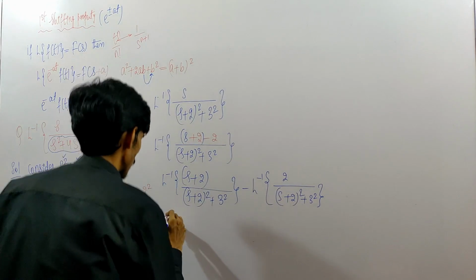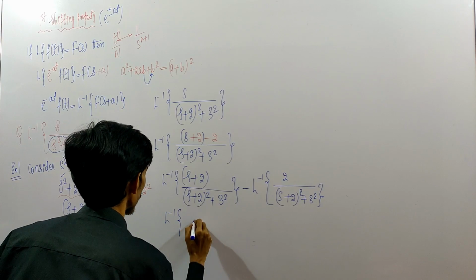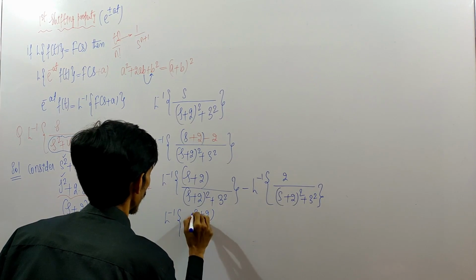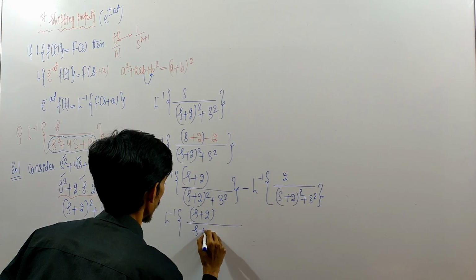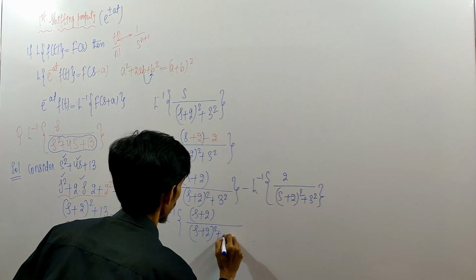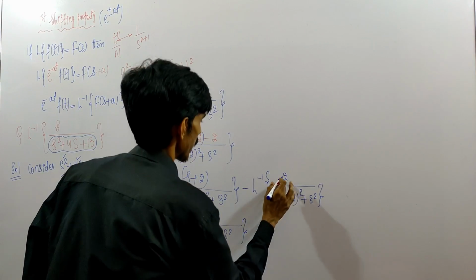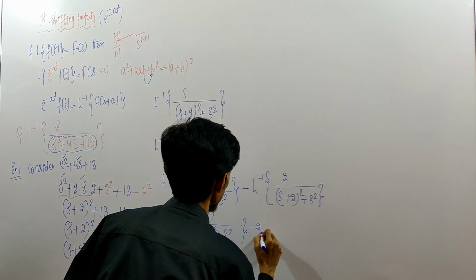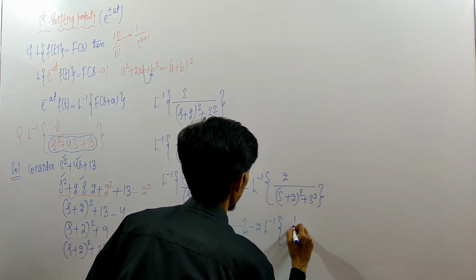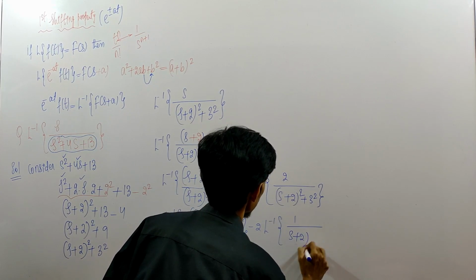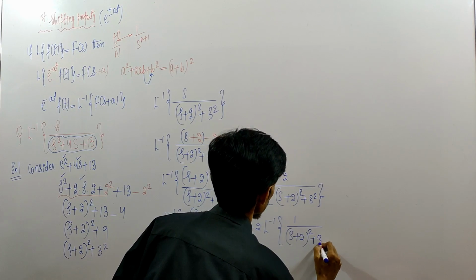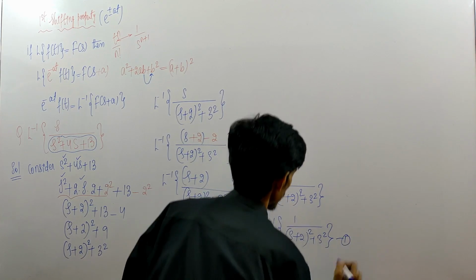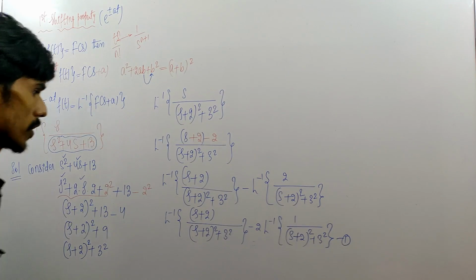Now let me write it one more time. Take this 2 outside, we have minus 2 L inverse of 1 divided by (s plus 2) square plus 3 square. Let us take it as equation 1.